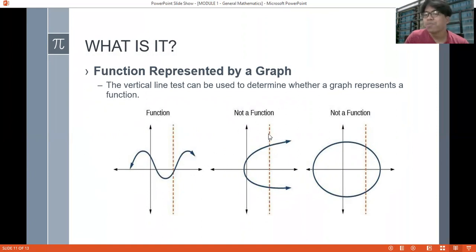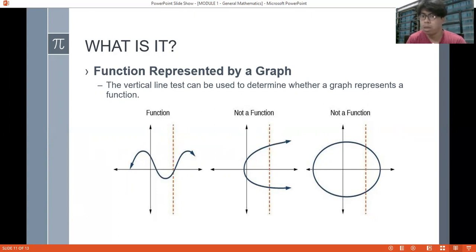On the second graph, we have not a function. And for the last one, we have not a function. Do you have any idea why the second graph and the third graph are not functions, and only the first one is a function?